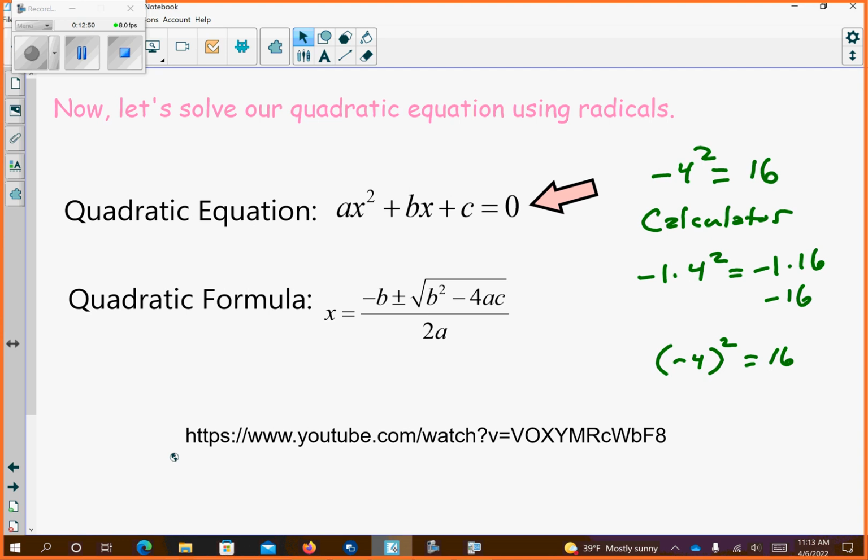It's our b value squared. Sometimes this might be -3 or -7 or -8. You know that when you square a negative number, it has to be positive, but you become so dependent on technology always being right. Technology is right if you understand how the iteration takes place on the calculator. If you have a negative number that's squared and you don't group it in parentheses, the calculator thinks it's basically -1 times that number squared.